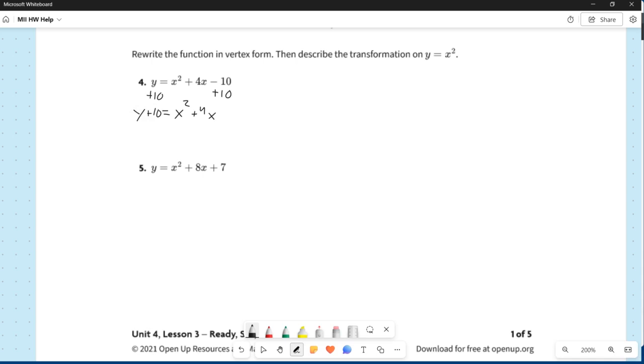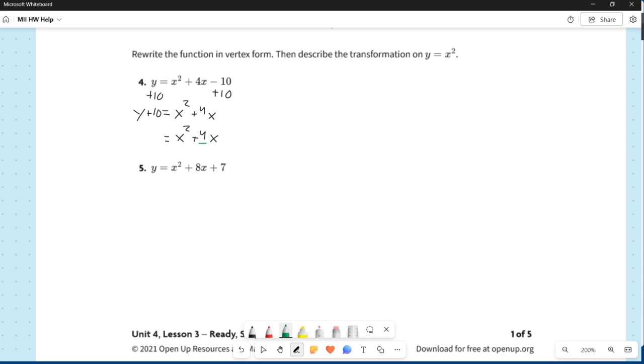Now, to complete the square, I'm going to start on the right-hand side of the equal sign this time. So the x squared drops down and the 4x drops down. And then what we need to do is add a constant. We need to create this number almost out of thin air. The number that we want to add is going to be based on this number here, 4.